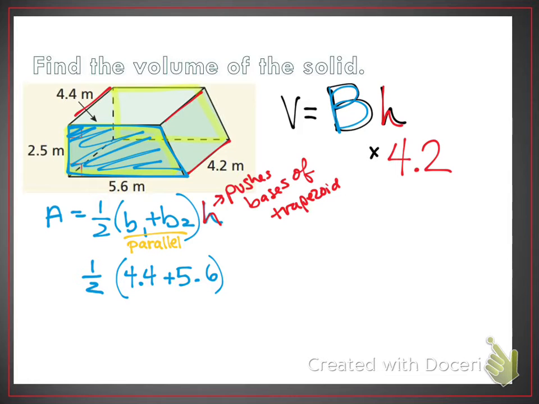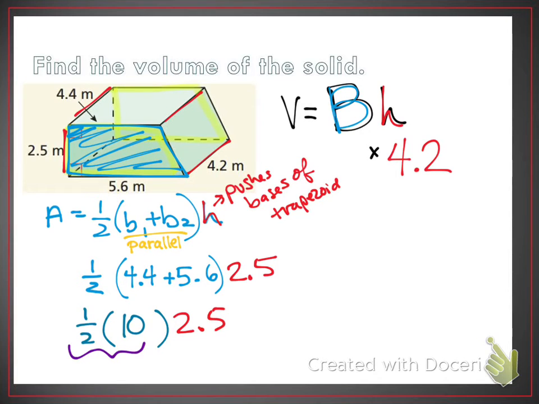Okay, it is 2.5. You're going to add inside of the parentheses first. 1/2 of 4.4 plus 5.6 is? 10. Drop down that 2.5. Honestly, I would do 1/2 of 10, which is 5, and then I would multiply times 2.5.